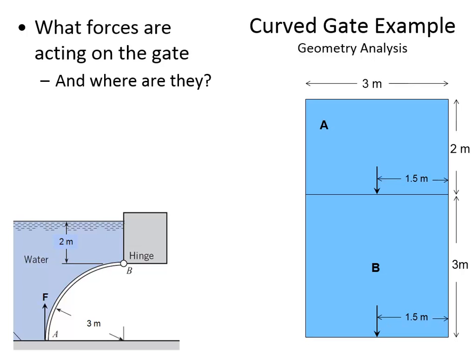And the reason why we're going through this is to find out where is the location of the force. I mean, we can just sort of by estimation come up with a little bit of an idea of the location of the weight of the water.